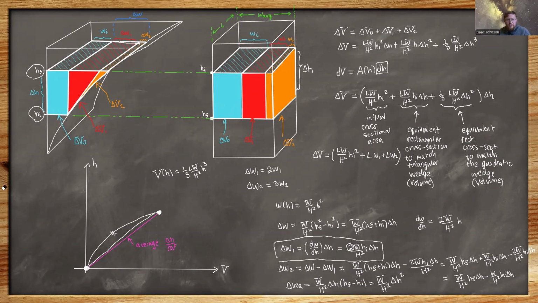Any thoughts on this before we move on to the next page? Interesting, we're seeing these patterns show up repeatedly, the 1, the 1/2, the 1/3, right?